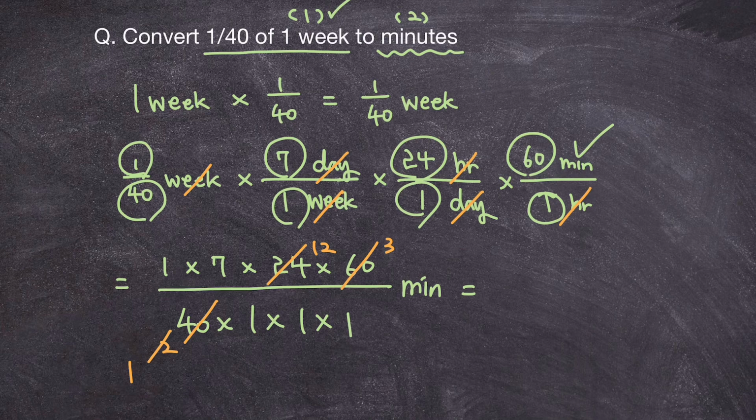So all I need to do is to multiply 7, 12, and 3, and that's going to give me 252 minutes. And I'm done.